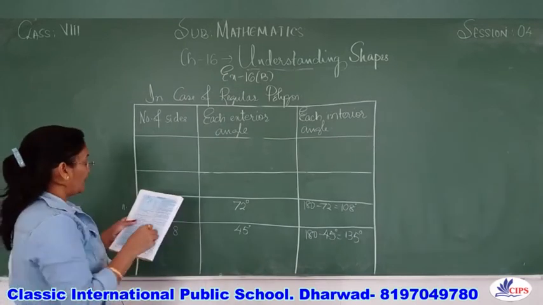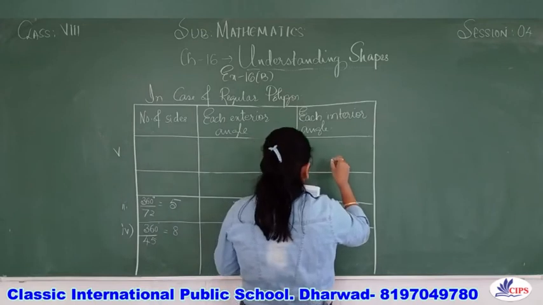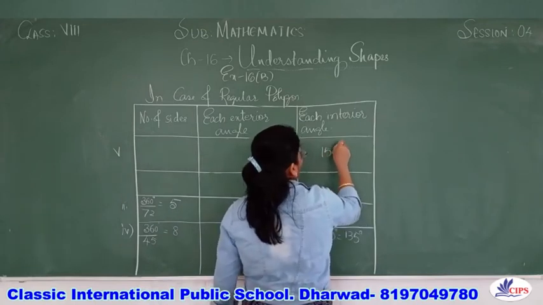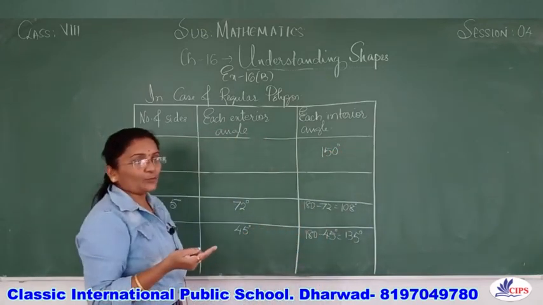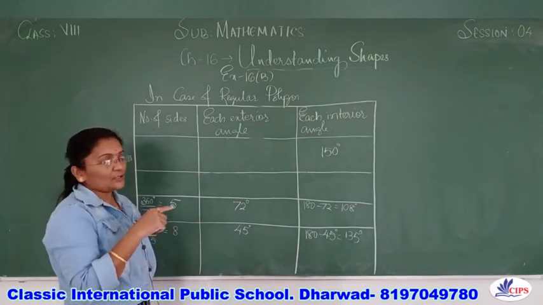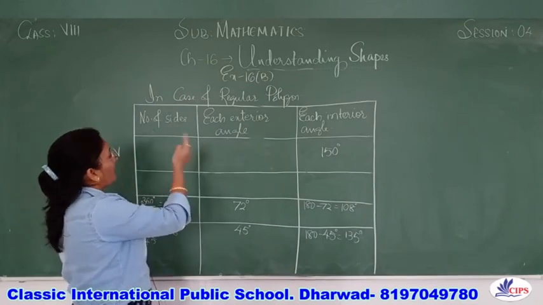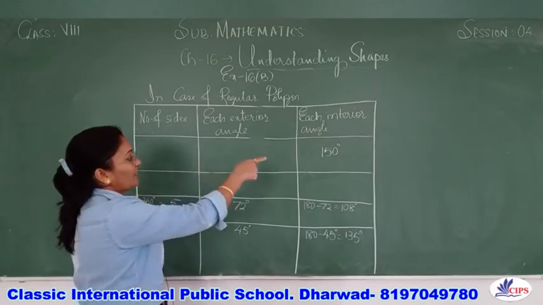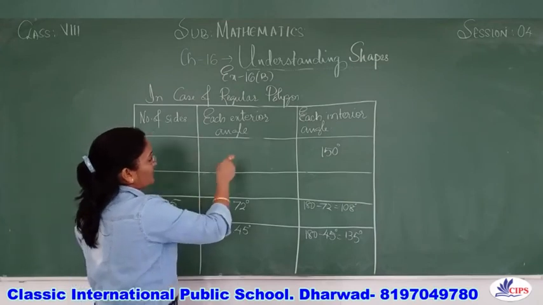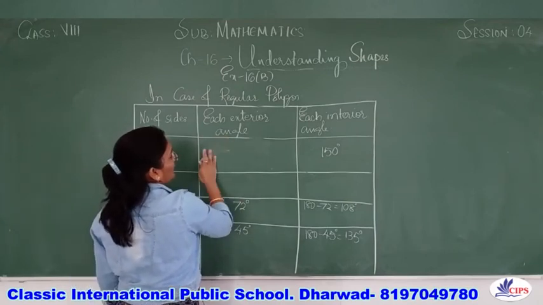Now in the fifth one, they have given you the measure of the interior angle. What is the measure of the interior angle given? It is 150 degrees. Using that, you can find the exterior angle first. To find the exterior angle, you know the formula, isn't it?